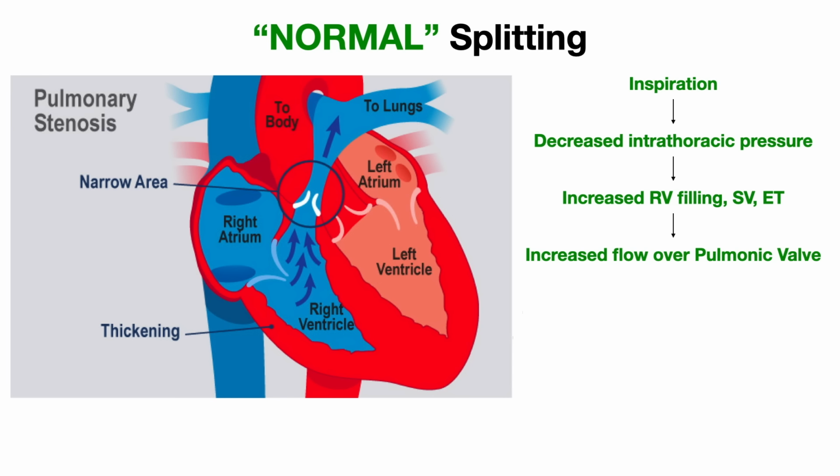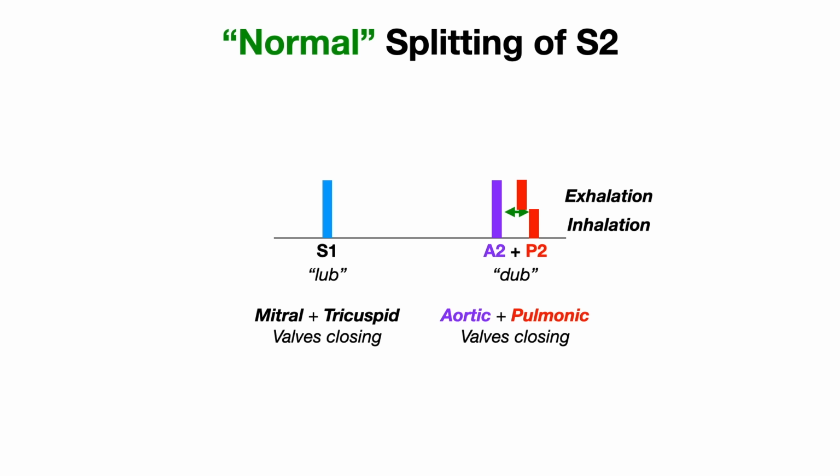So under normal circumstances, when somebody takes a breath in and they have increased right ventricular return, which means increased right ventricular output, that is going to have a slight shift during inhalation only to space out that P2 heart sound more. Since more blood will be flowing over the pulmonic valve, it will take longer for that pulmonic valve to close relative to the aortic valve.